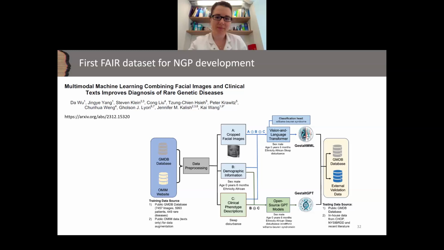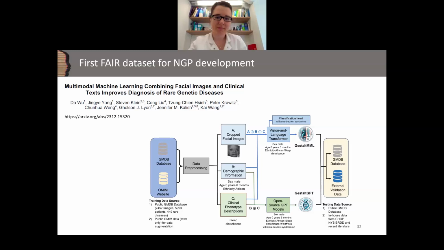We think this is not very healthy in this field. So that's why we make this data set a FAIR data set, so the data set can be findable, accessible, interoperable, and also reproducible. Then one of our collaborators also tried to integrate the facial image analysis with the large language model.